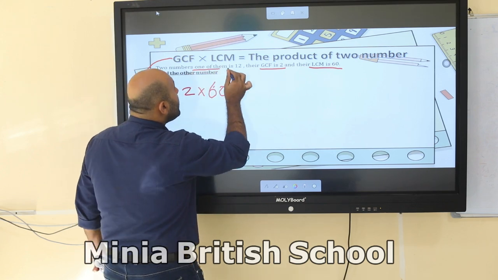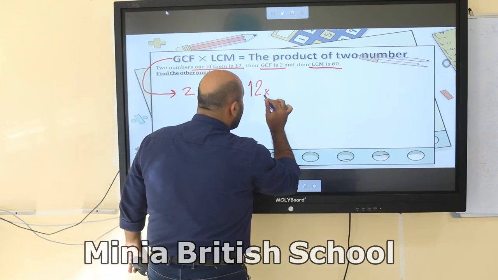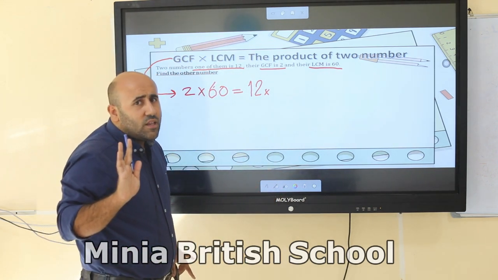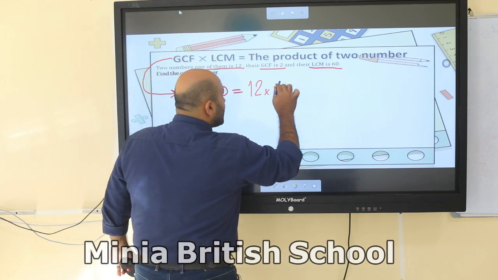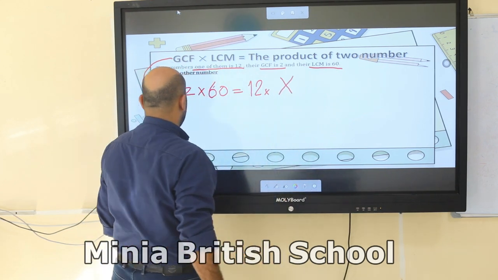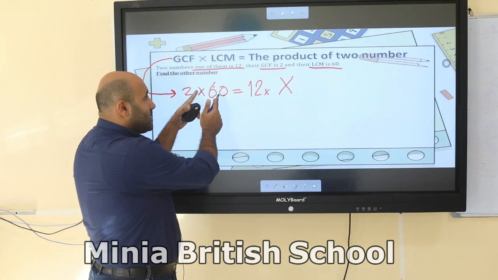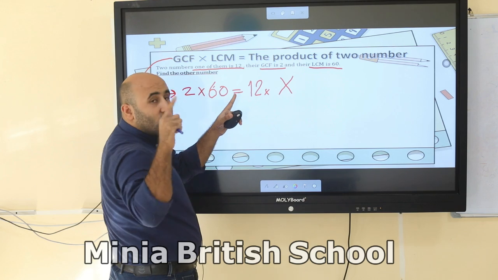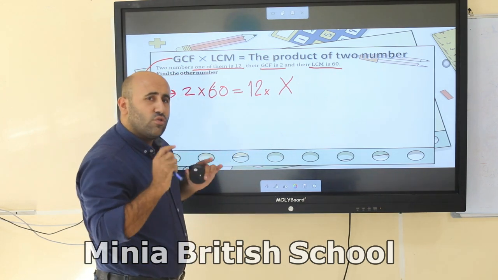I have one of them equal to 12, and I don't know what the second number is, so I will give it a symbol, X. So 2, the GCF, times 60, the LCM, equals 12, one of the numbers, times X, the other number which I don't know.